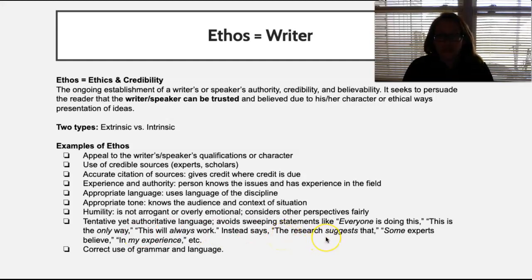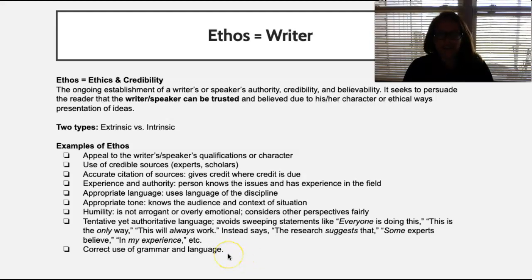Instead you want to say things like, the research suggests, some experts believe, in my experience, often this happens. Things that show that you are being fair and rational about how you're thinking about the situation.